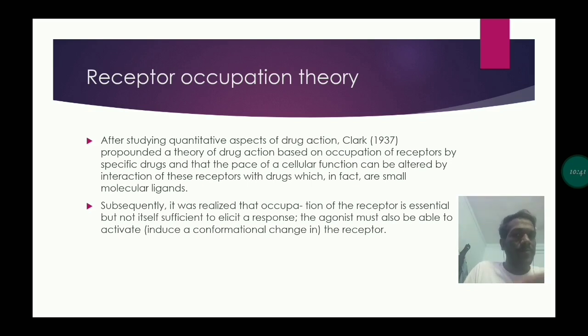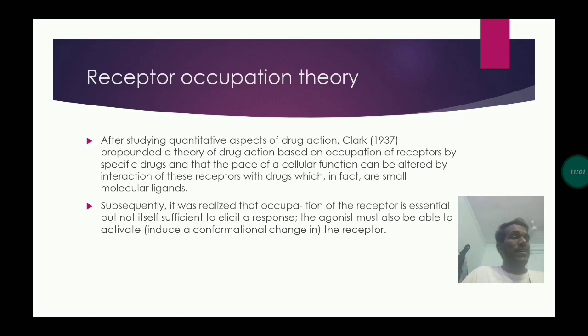Subsequently it was realized that occupation of the receptor is very essential, but not by itself sufficient to elicit a response. The agonist must also be able to activate the receptor. That's the thing we want to learn.